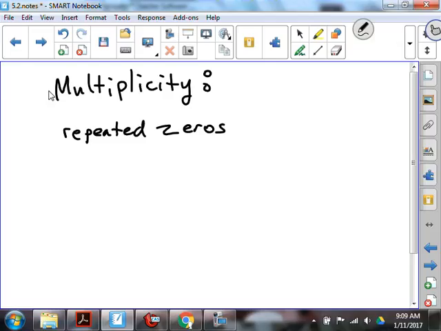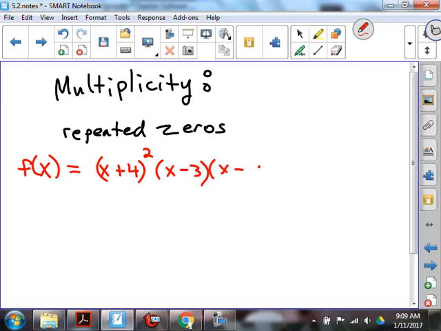So we're going to look at a polynomial function. f of x is x plus 4, the quantity squared, times x minus 3, times x minus 9, the quantity cubed.